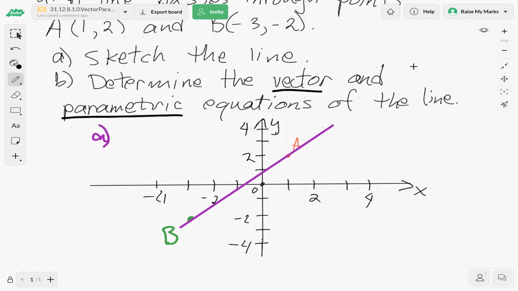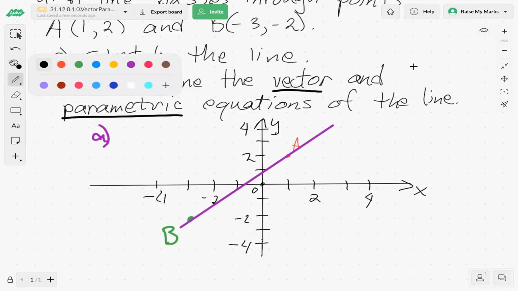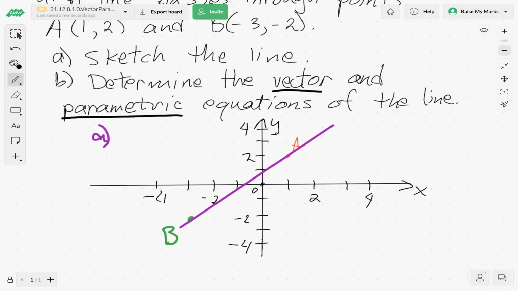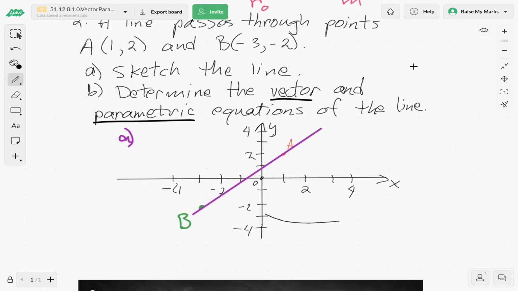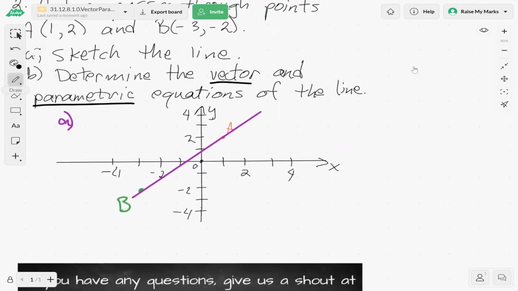Vector and parametric, all right. We need to find the direction of this line. Now, how do we do that? Well, that's actually not too difficult. We can do that by finding the vector AB.